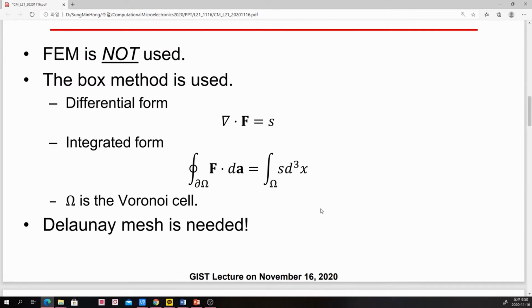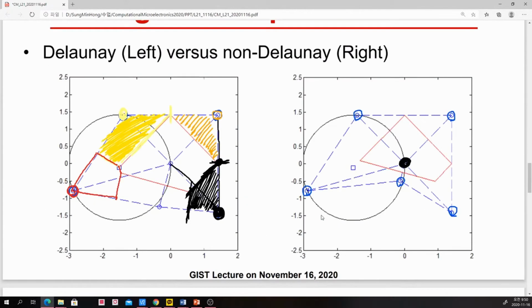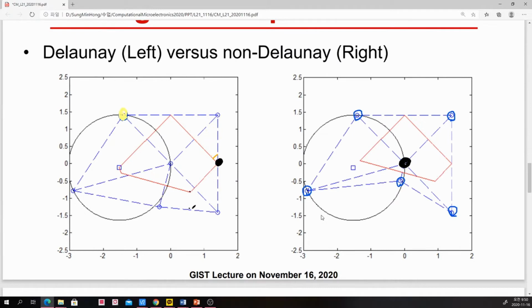Just following the Voronoi cell, we can every time calculate this integrated form quite clearly. That is good news, but think about this one. That is really good news for our calculation.